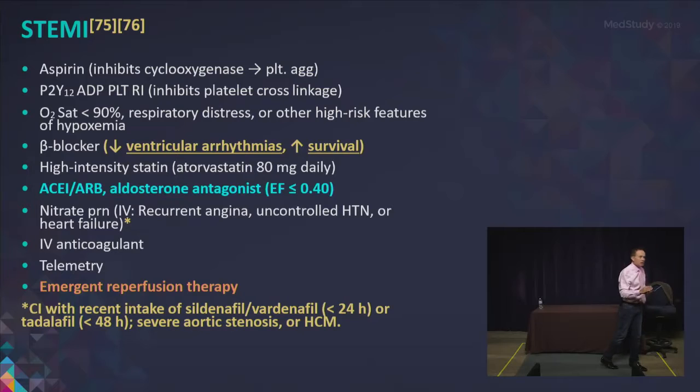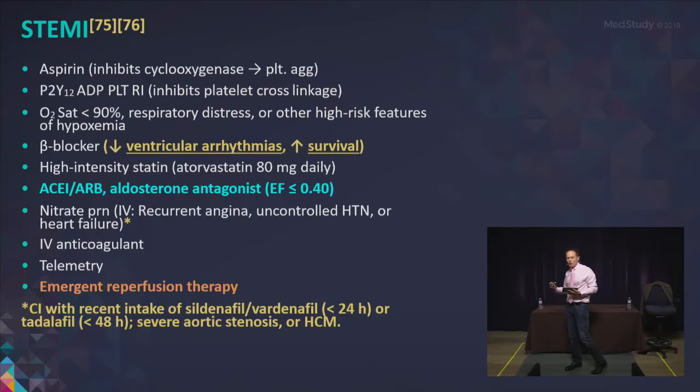They are in non-STEMI as well, but make sure to get them the beta blocker because they are going to reduce ventricular arrhythmias and improve survival. Also, in those individuals that come in with heart failure or an EF less than or equal to 0.4, we want to get them on an ACE, ARB, or an aldosterone antagonist early on.